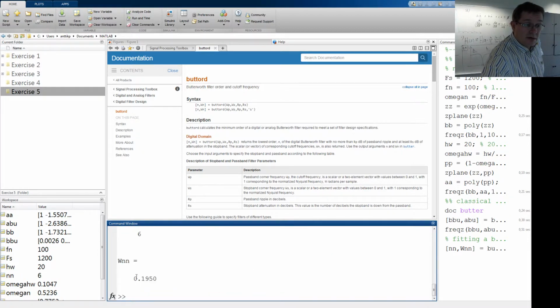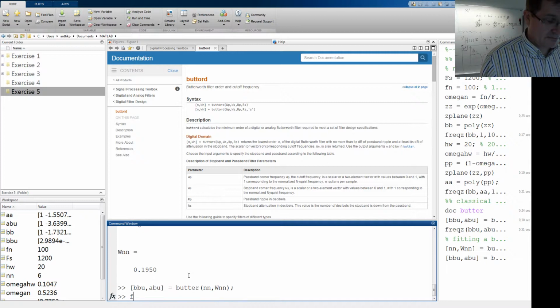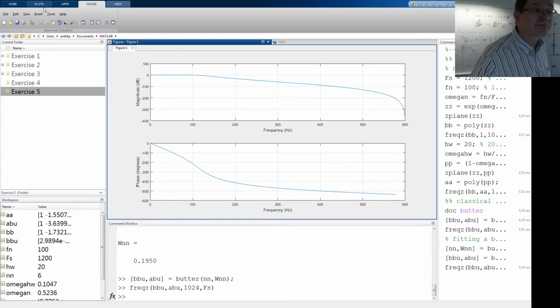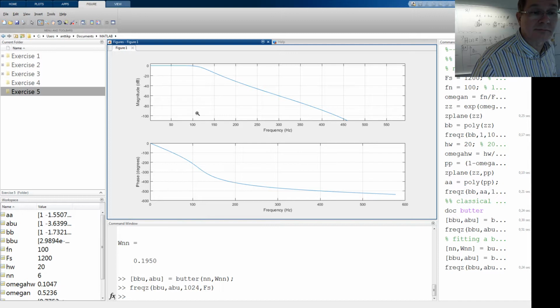Sixth order, and then that's the design cutoff frequency for that one. Yes, 60 dB at 300 hertz, and the 3 dB point is at 100 hertz.